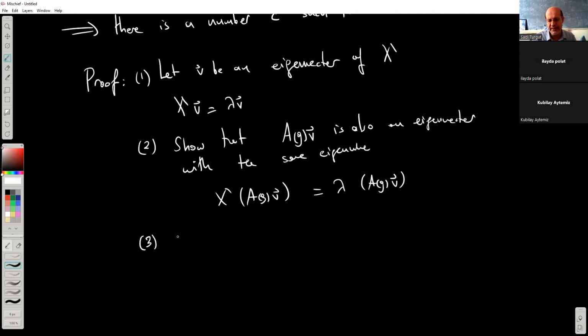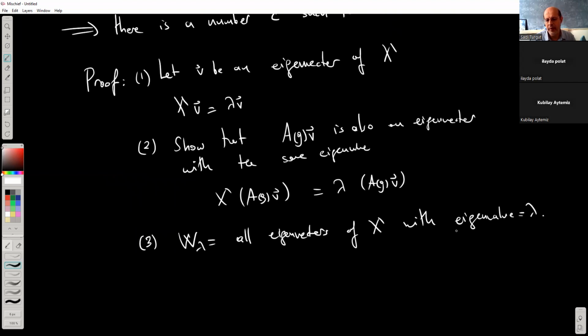Number 3: we define W lambda. This is something called an eigensubspace. It is basically all eigenvectors of X with eigenvalue lambda. It's actually a subspace; 0 can also be thought of as an element of it.